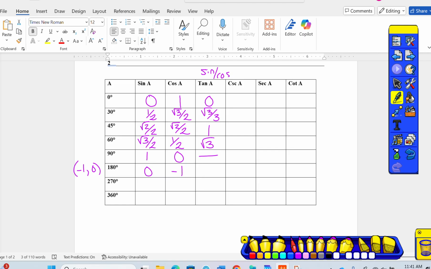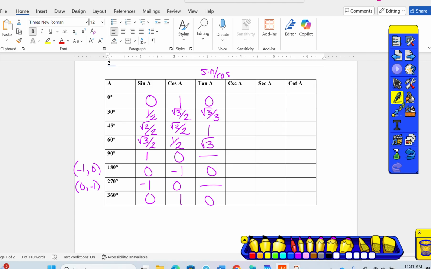If I divide those, we get 0. 270 is down at the bottom: 0, -1. So -1 is my sine, 0 is my cosine. That would be undefined. And then 360 is going to give me the same answer as 0: 0, 1, 0.